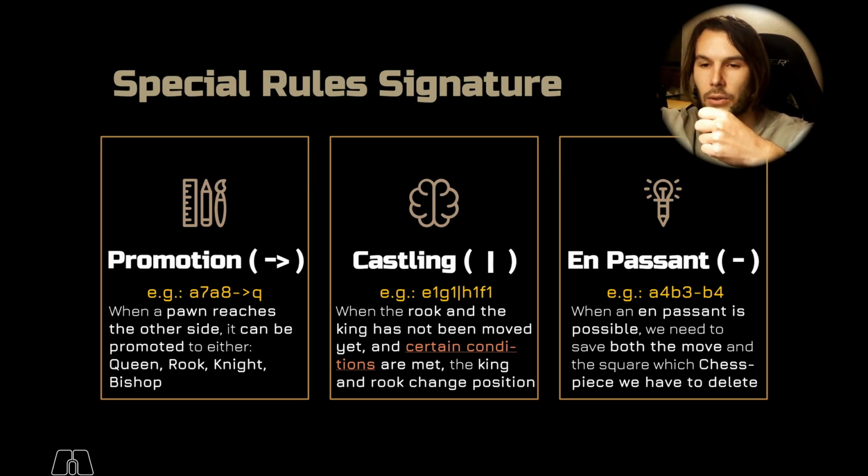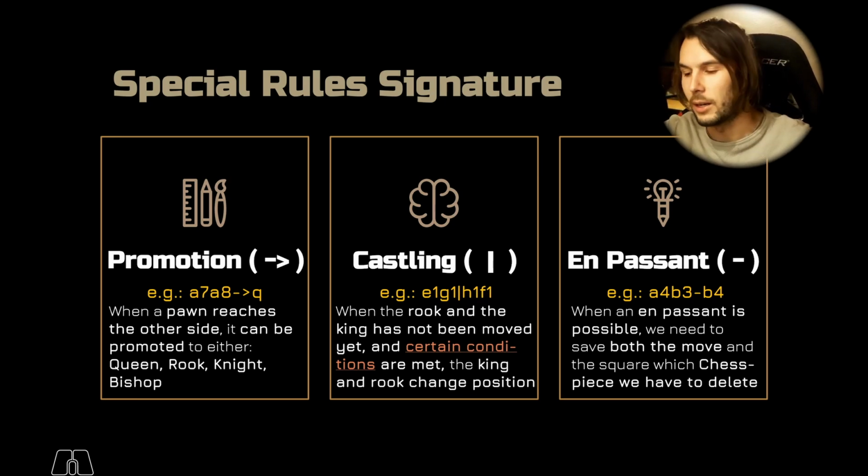And to still make sure that we get rid of the missing piece, we can move there. And if we save the field we have to destroy the chess piece on, which is b4 in this case, this will get destroyed afterwards. So the chess rules are actually correctly applied. Thus we have to save both the move and the chess piece we have to delete.